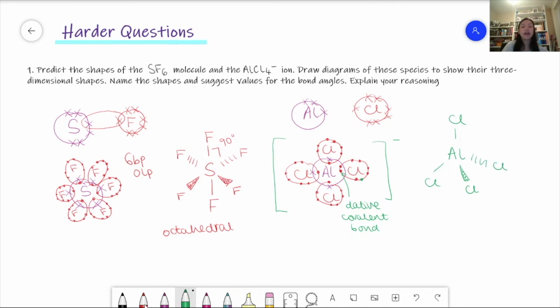Because actually a dative covalent bond is still classed as a bonding pair. So there are still no lone pairs, so it's 4 bonding pairs, and this makes a tetrahedral shape. And these angles are 109.5 degrees.